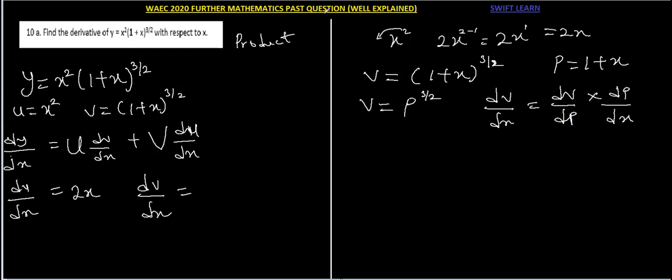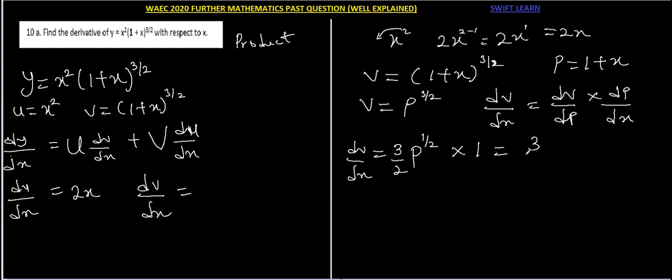Alright, so moving on. What is dv over dp? It means I want to differentiate this p raised to power 3 over 2. Differentiating this, the power will come down according to what I said. So that will give you 3 over 2 p raised to 3 over 2 minus 1, which will be 1 over 2, times dp over dx. Differentiating p gives you 1.